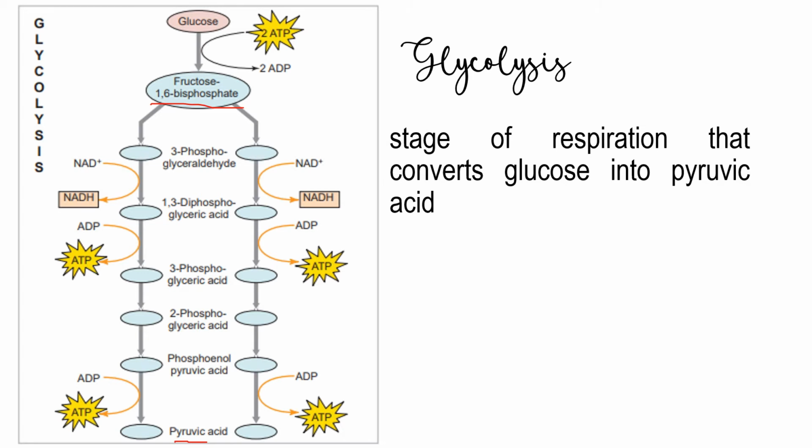In the downhill portion of glycolysis, fructose biphosphate is cleaved into 2 3-carbon sugars, which undergo an oxidation, where electrons are removed, with the electrons and one of the hydrogen ions being accepted by nicotinamide adenine dinucleotide, or NAD+, which is a derivative of the vitamin niacin, to produce a reduced form called NADH.